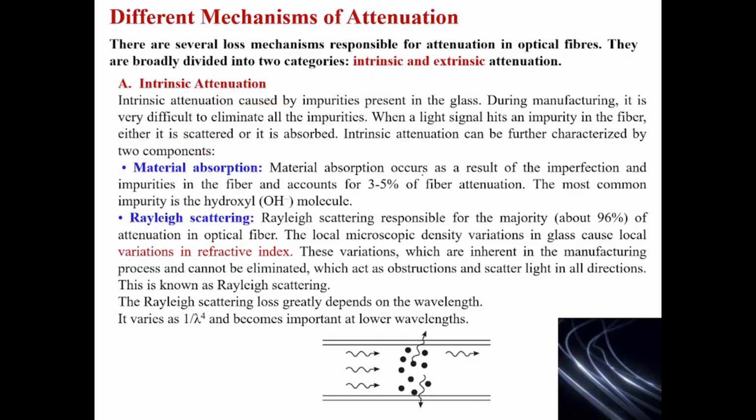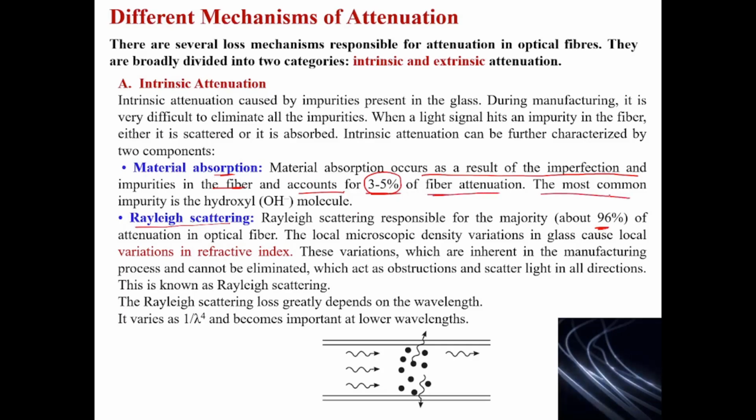Material absorption occurs as a result of imperfections and impurities in the fiber, and accounts for only 3 to 5 percent. So material absorption is responsible for only 3 to 5 percent of attenuation. The rest, around 96 percent of attenuation, happens due to Rayleigh scattering.